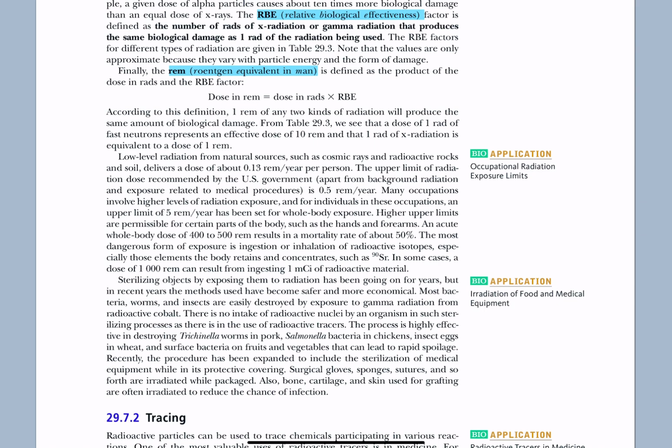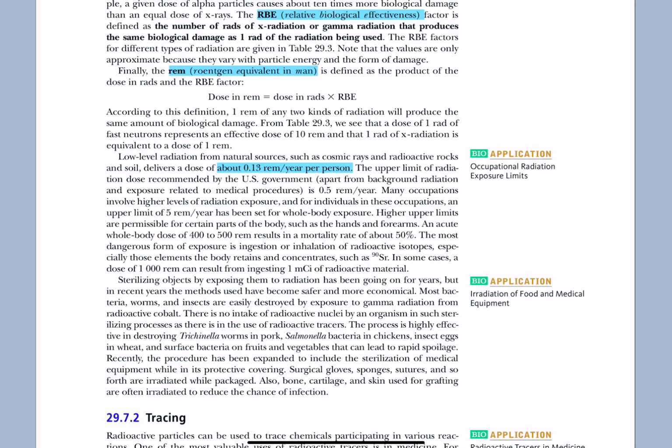Typically, that level of background radiation is about 0.13 rems per year per person. But a lot of things figure into your background radiation that add on to that. Medical treatments and x-rays that you may have had, and your altitude or elevation above ground, because the higher up in the air you are, the less air there is to absorb some of the incoming radiation.